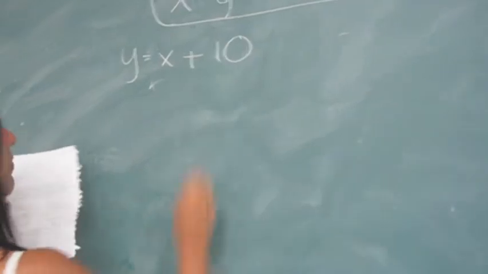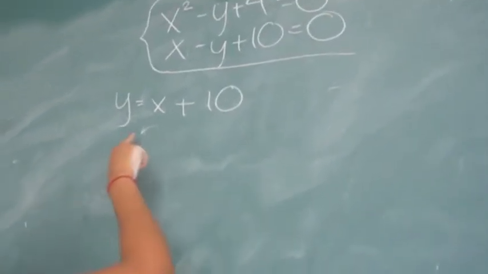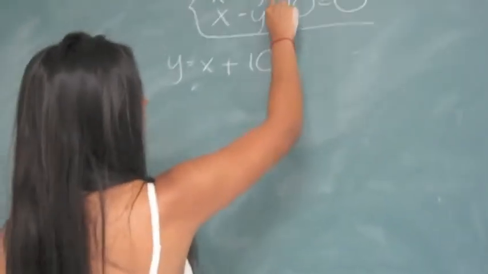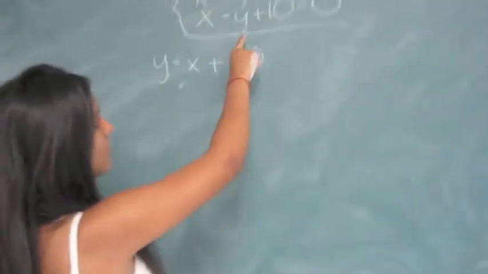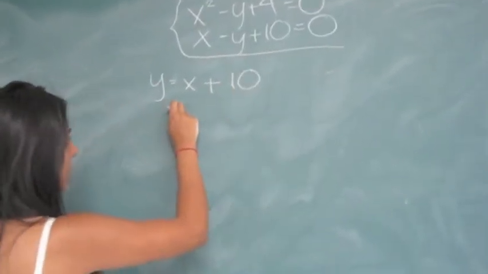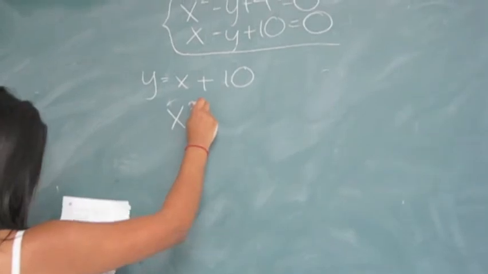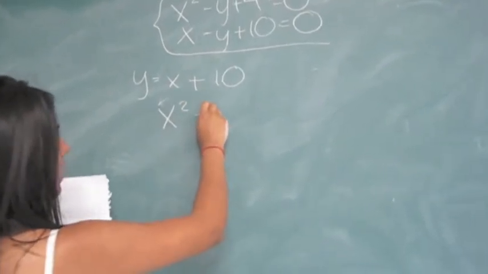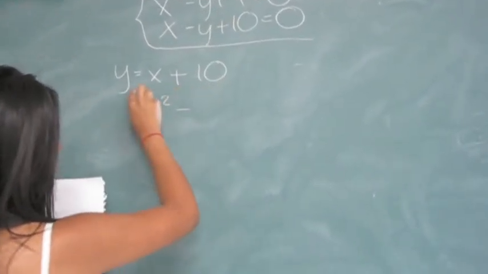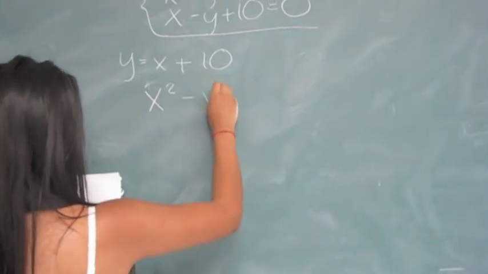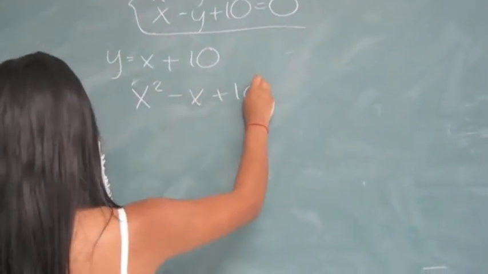And after that, what you have to do is substitute this y with the formula you did right here. So it would give you x squared minus, and then here's the y, so you substitute it with x plus 10, plus 4 equals 0.